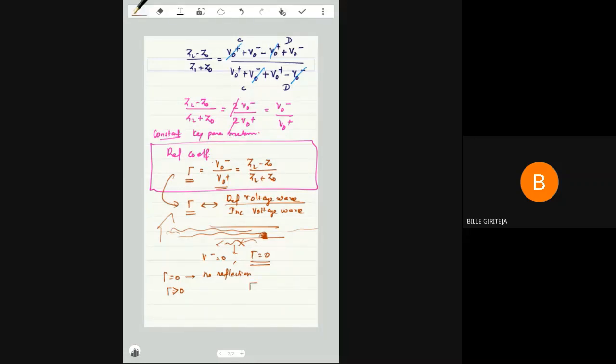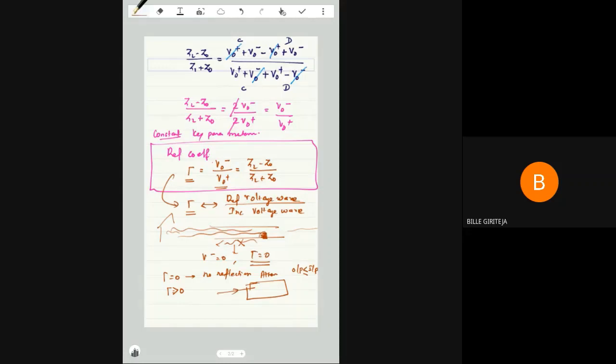If you take passive devices, for example a filter or attenuators, the output will always be less than or equal to input. That is passive devices, like a diode, a resistor, or an inductor: the energy you give will always be less at the output, because there will be some losses in the device.